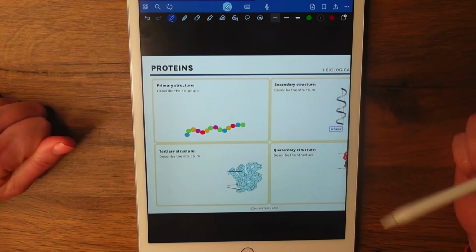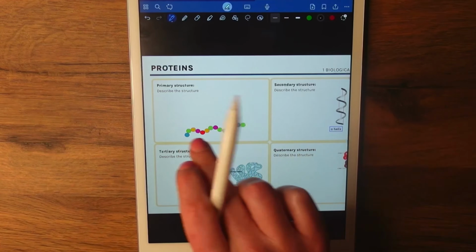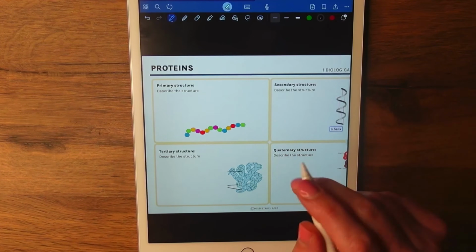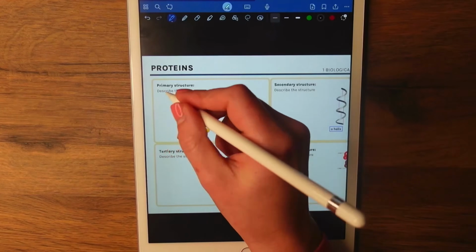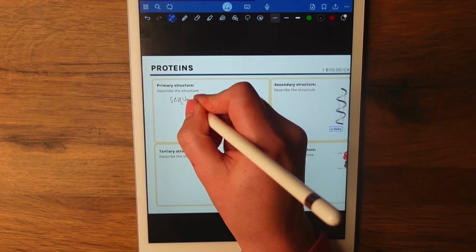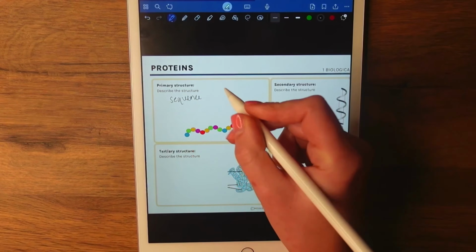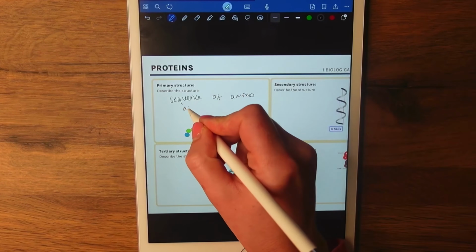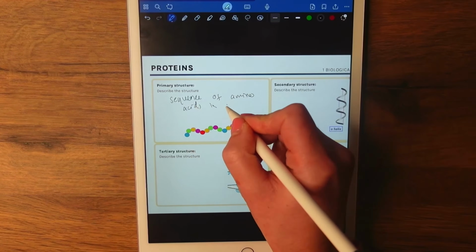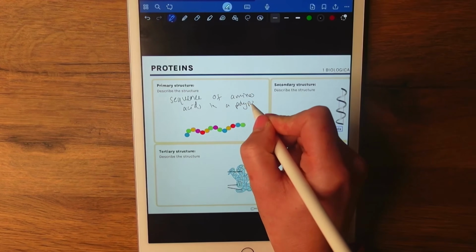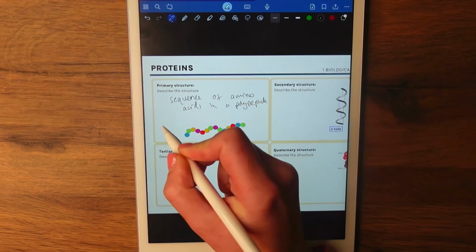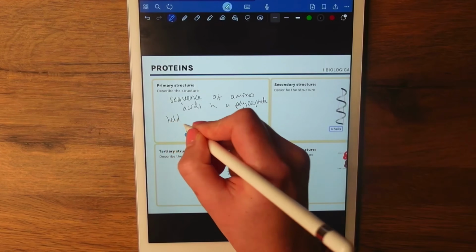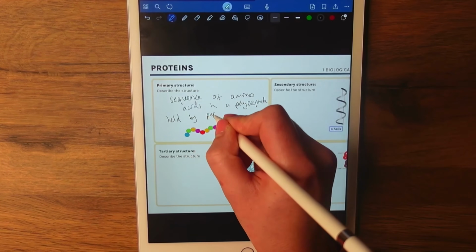So for the primary structure, we can see here this diagram. The primary structure of a protein, that is the sequence, and you have to have the idea of sequence or order. Sequence of amino acids in a polypeptide. I'm going to add in held by peptide bonds.